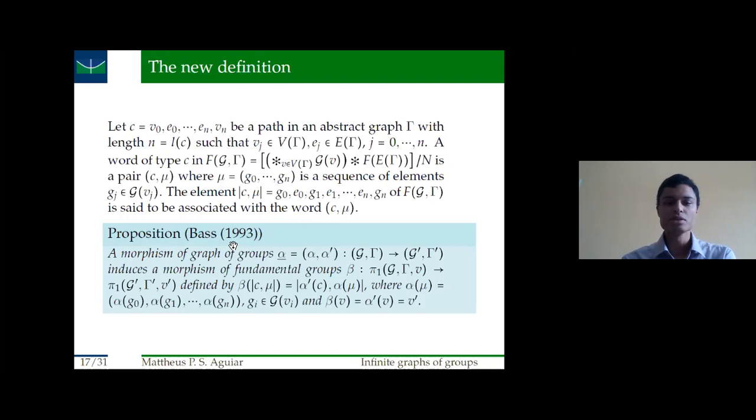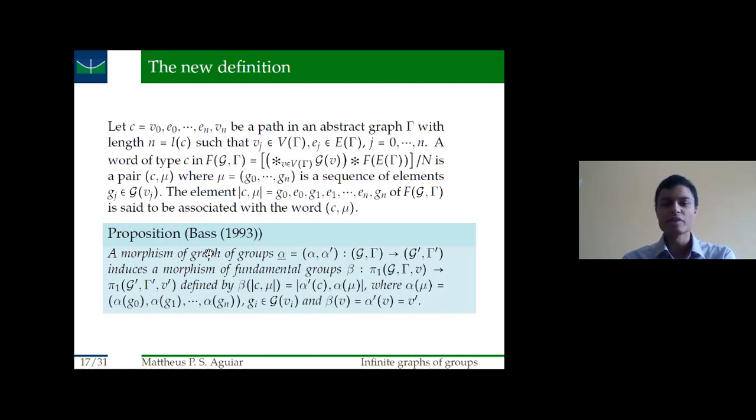So there is this proposition from Bass, 1993, that says that a morphism of graphs of groups, so it's a morphism of sheaves, we have alpha that maps groups to groups, and alpha prime that maps the graphs to graphs. So this induces a morphism of fundamental groups, beta, from the fundamental group with base point V to the fundamental group with base point V prime, defined by this map.